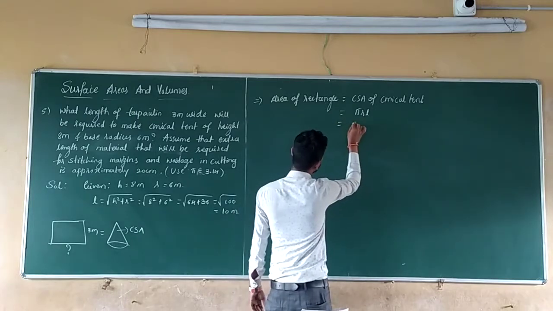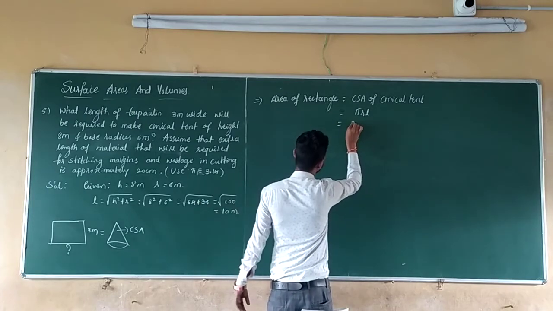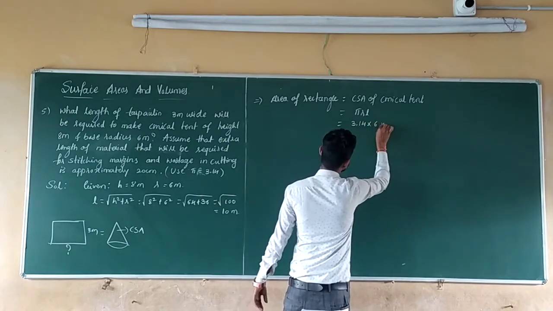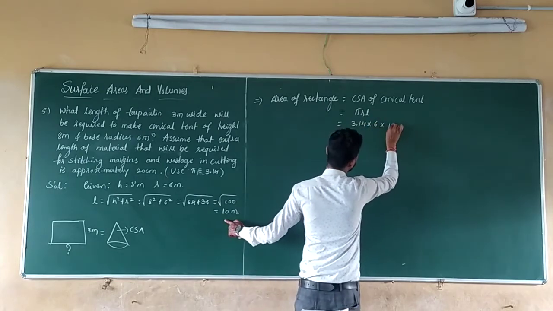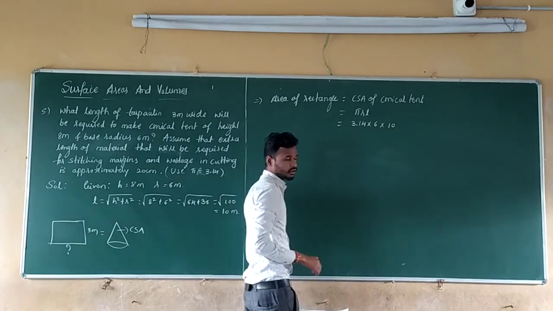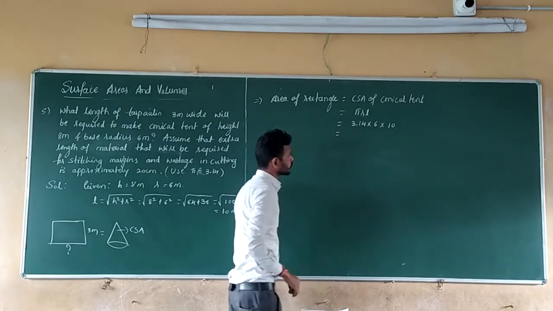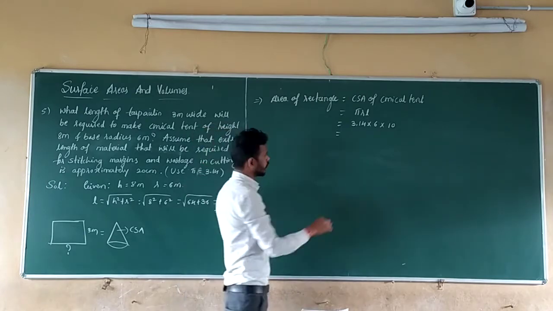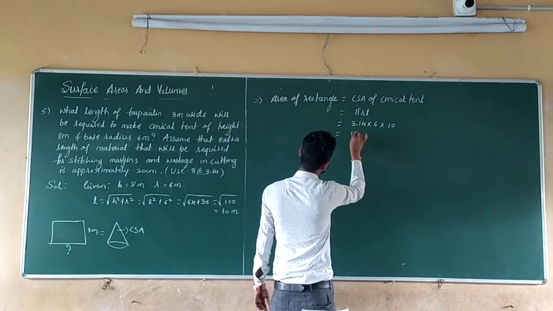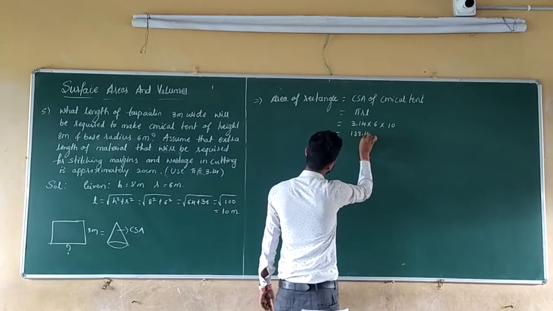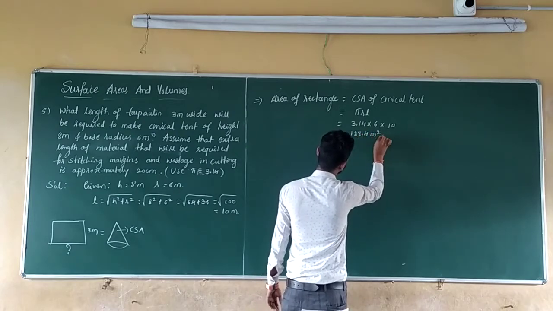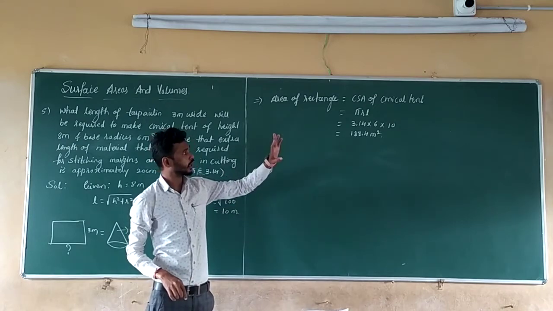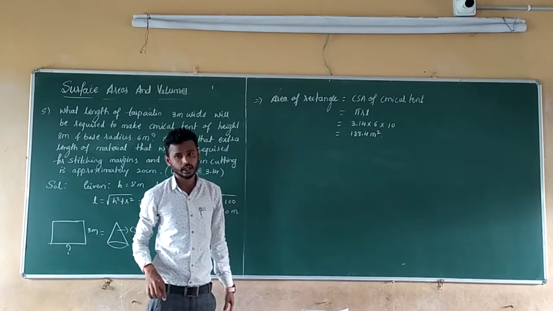So it equals pi value, today 3.14, into radius 6, into L 10. Multiply 3.14 into 6 into 10, and you will get 188.4 meter square. This is the CSA of the conical tent, or the area of the rectangle.